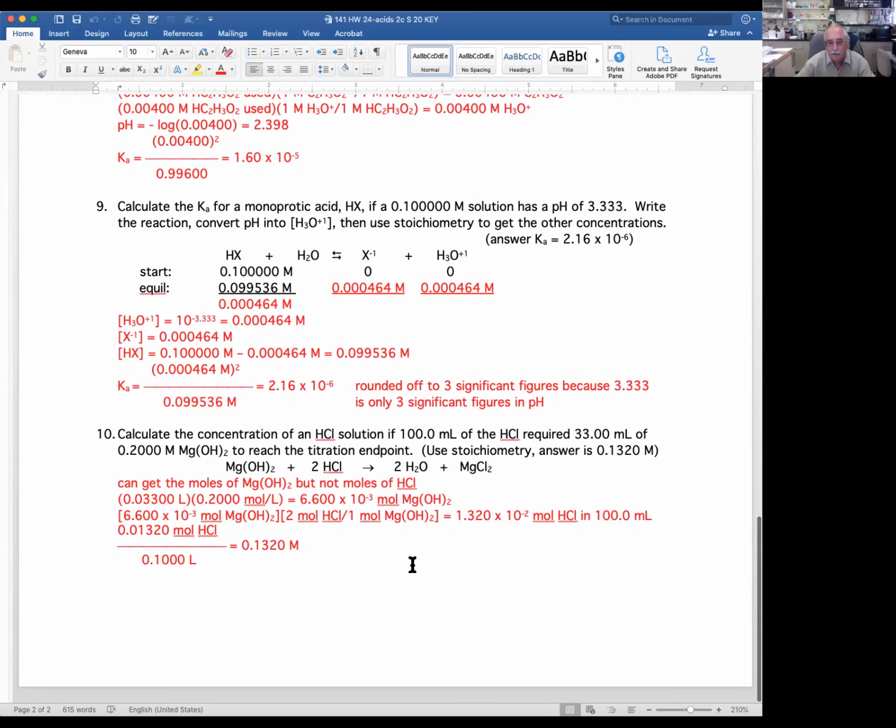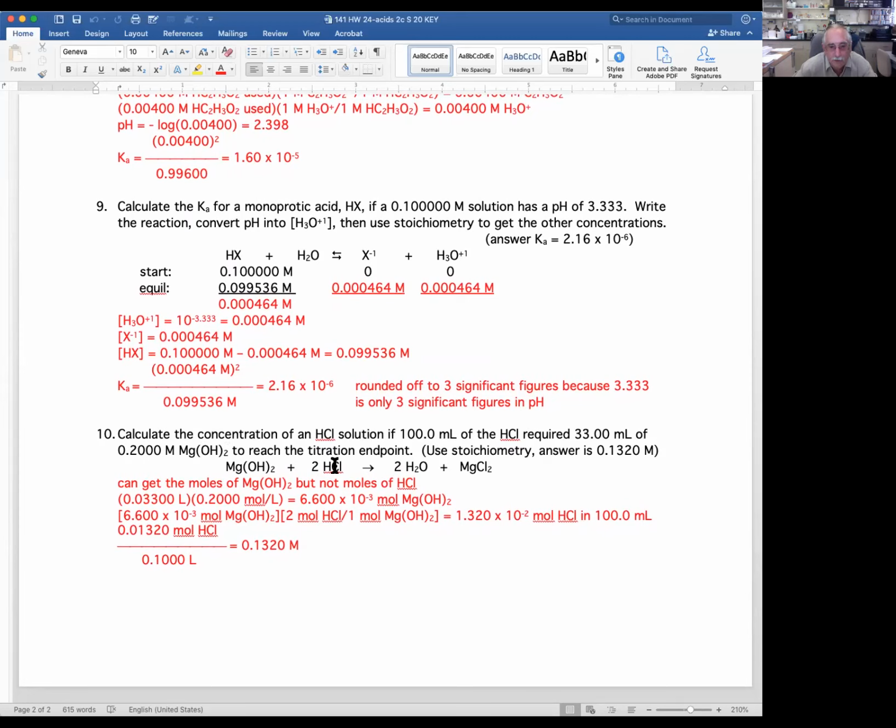And this last one right here is a titration. So calculate the concentration of an HCl solution if 100 milliliters of this HCl required 33 milliliters of 0.2 moles per liter magnesium hydroxide.